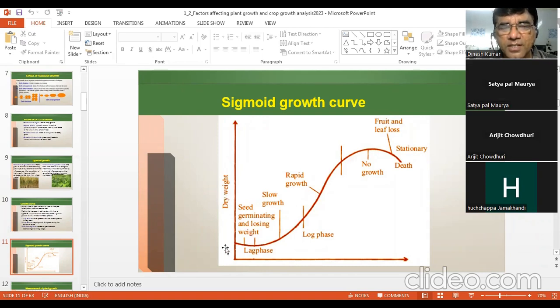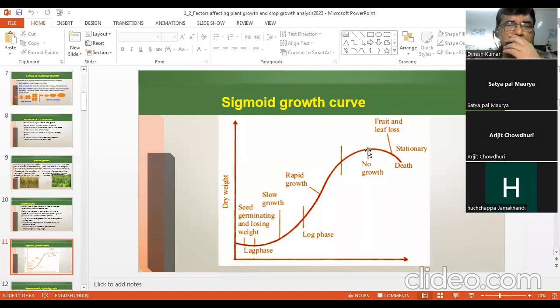And you can see that initially there is a decline in the growth, the lag phase. At this time, the seed germinates and it loses weight. And then after seedling emergence, it starts slow growth, and then comes a rapid growth phase. And after that, there is the stationary phase.